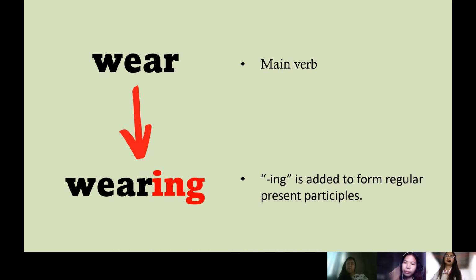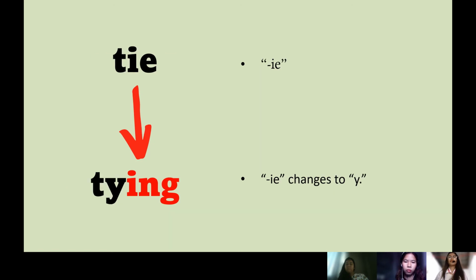So just add the ing. So since wear is our main verb, ing is just added to form the regular present participle. So when you don't have to change anything, if you just need to add ing, we call that regular present participles. But if you need to change the whole spelling, or you need to slightly change the spelling, we call it irregular present participles.